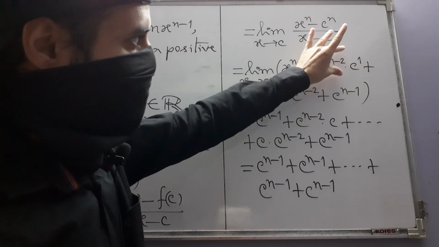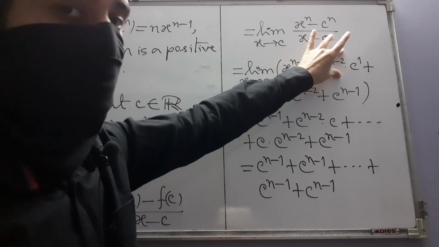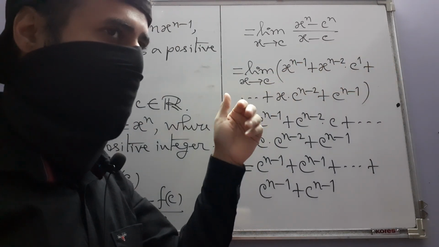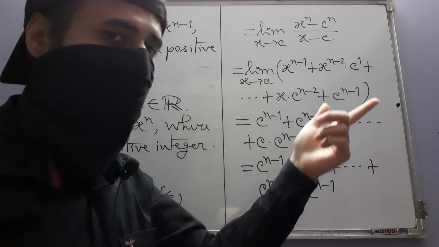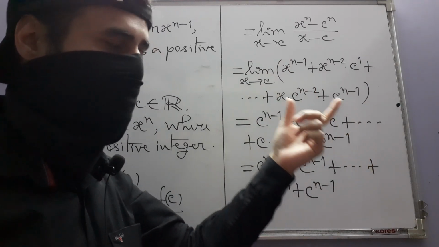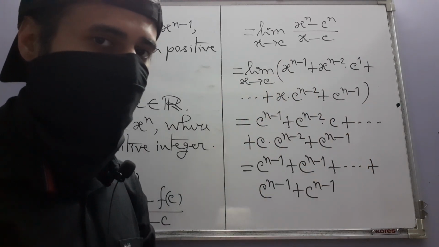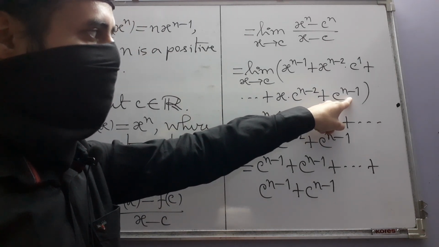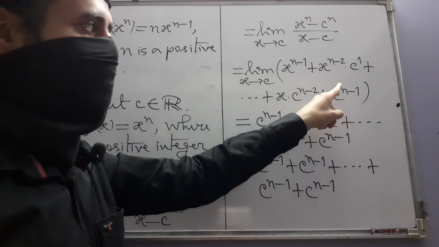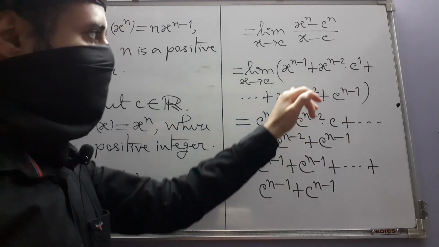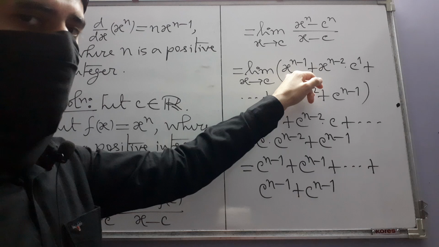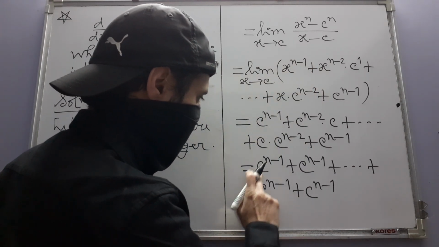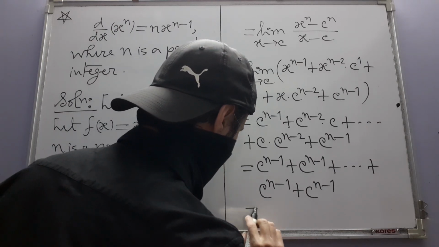Say this is your first term where your counting starts. You have 1 here. Then in the next term you will have x to the power n minus 3 times c square. That too indicates that this is the next term in your counting, second term. Like that, if you continue, by the time you reach this term, you would have counted n minus 1 terms. Combine that with this extra term, you have n number of terms. And that's why n number of c to the power n minus 1s are available here.